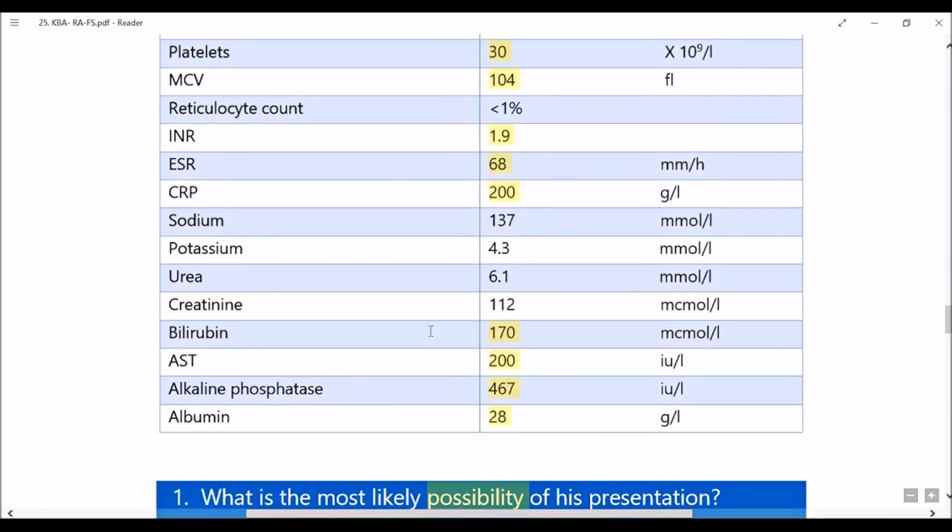So this basically involves chronic liver disease, maybe with some acute insult. AST and bilirubin are raised, and there is also raised alkaline phosphatase, so an ultrasound should be done, maybe associated with cholestatic pictures, present or not.